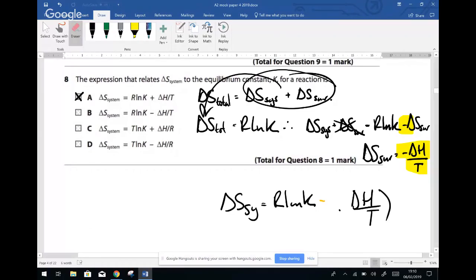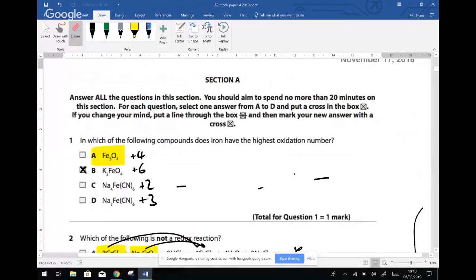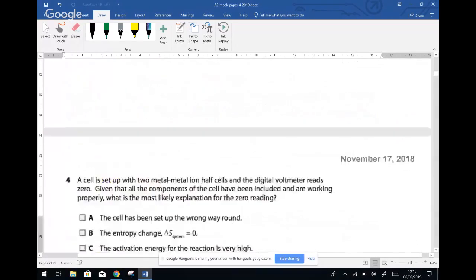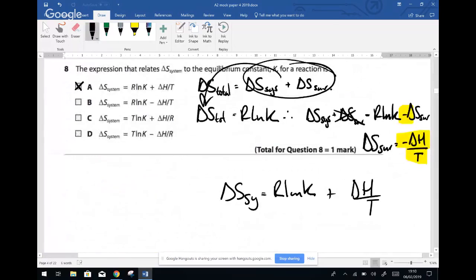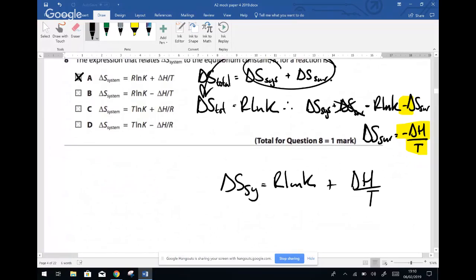So genius. Oh my God, what an effort of a question. But I keep hitting the keyboard with my hand. I'm sorry, folks. I'll get better. And so that's going to become that. And it becomes A. What hard work that was. Really clever, though.